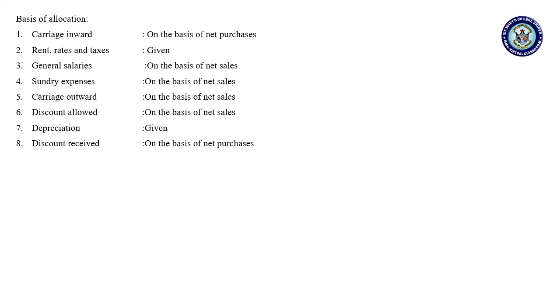But in the absence of these two pieces of information, it should be apportioned on the basis of net sales. So the general salary is apportioned on the basis of net sales.